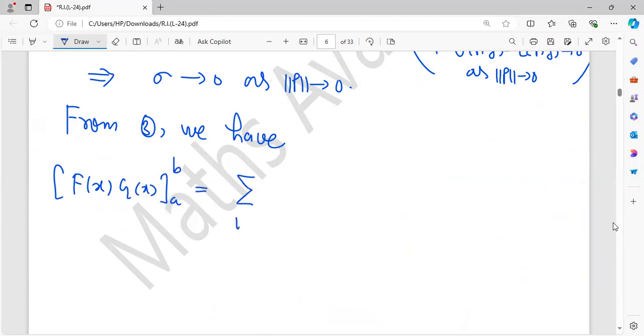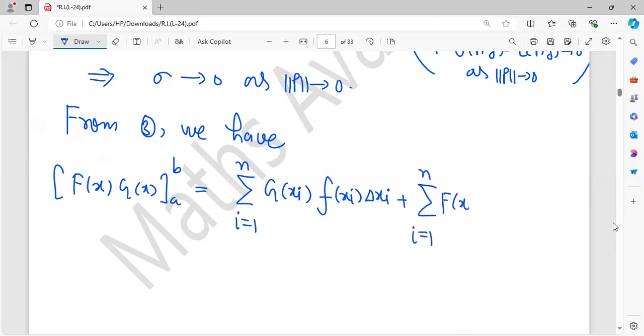This is summation i goes from 1 to n of gx, and what was this? This was f xi delta xi plus summation i goes from 1 to n of f xi minus 1.